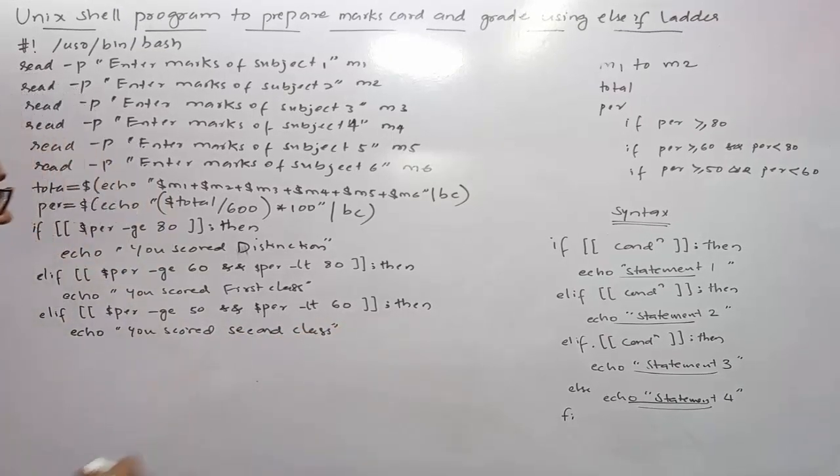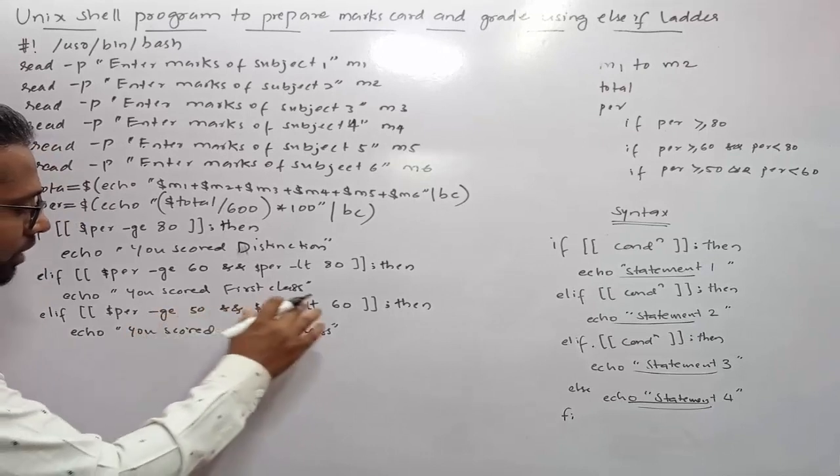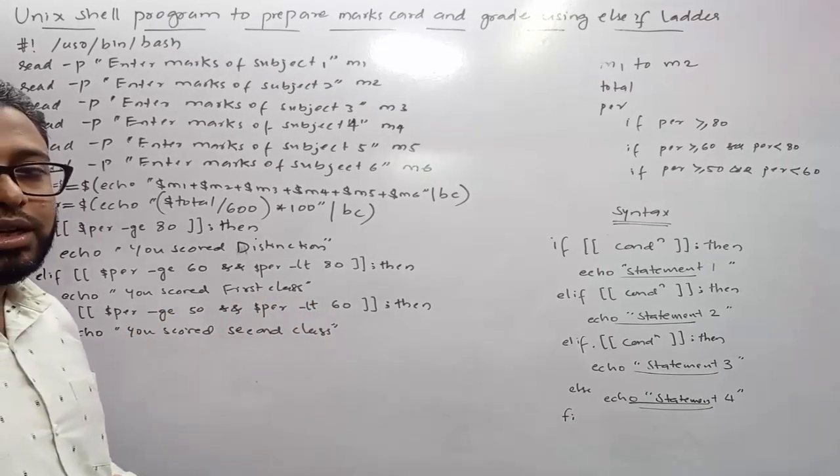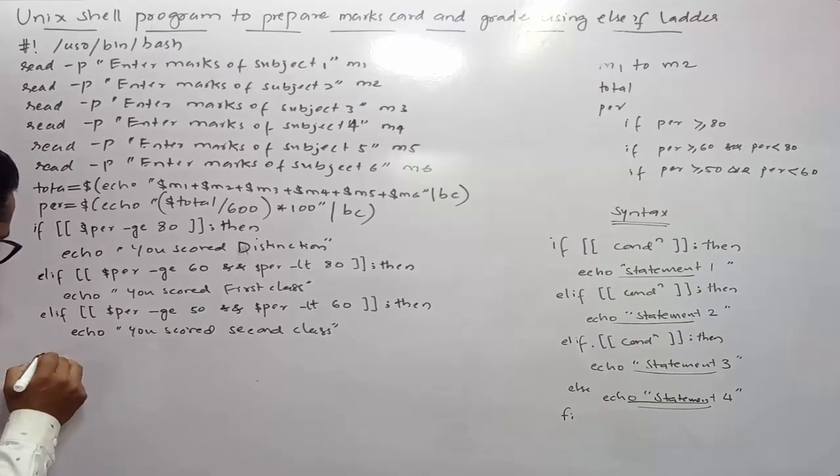Okay, next I need to check one more condition. What if the percentage of a student didn't come in this range of 50 to 60? That means the percentage of a student might be lesser than 50. I need to check for that also.